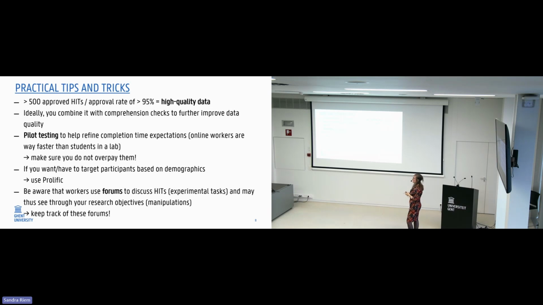Then something I didn't realize myself, but it has been described in the literature. Be aware that workers use forums, online fora, to discuss experimental tasks, and thus they may see through your manipulations, which is kind of a problem for your study.